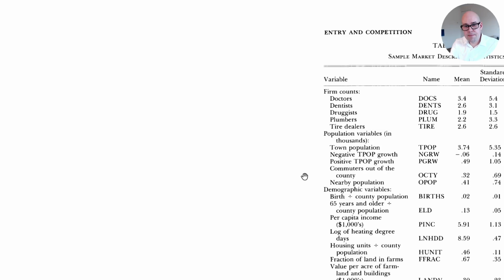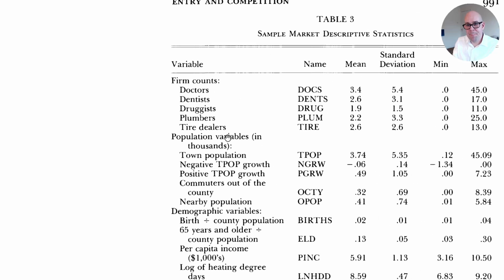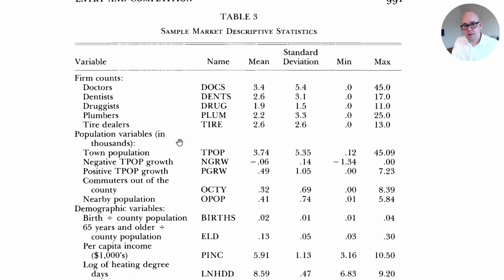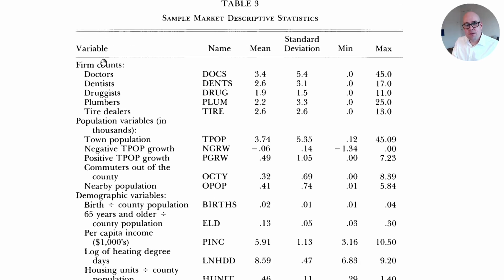Here are the estimates. This table, no, these are not the estimates, these are descriptive statistics to give you an idea about the variables they do have. So the dependent variable is the number of firms, and what they look at here are doctors, dentists, druggists, plumbers, and tire dealers.